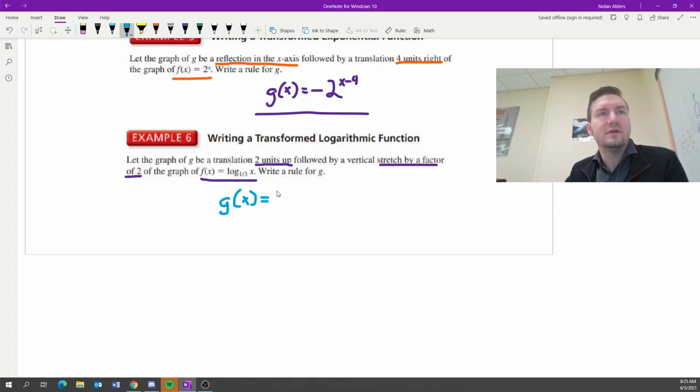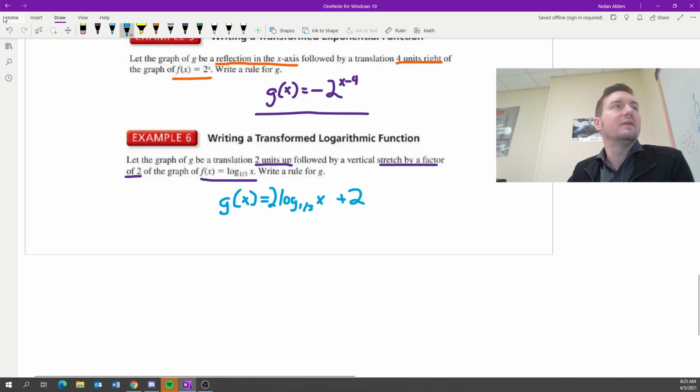So we'll have log base 1/3 of x. And then we're moving it 2 units up, so that's going to be a plus 2 on the end. Now, if this was right and left, we'd put it in parentheses, but it's not right or left, it's upward. And then we're also stretching it by a factor of 2, so we'll multiply by a 2 out front.